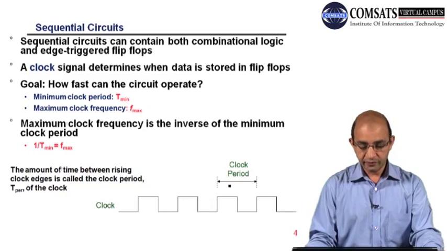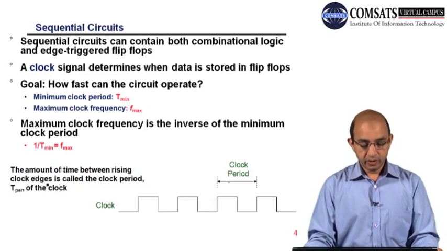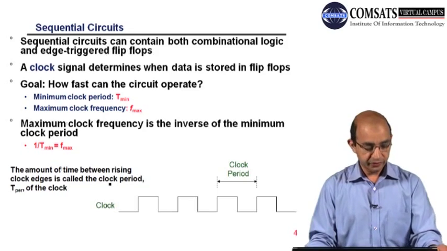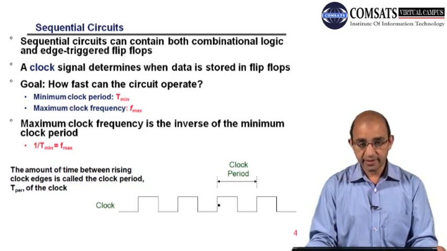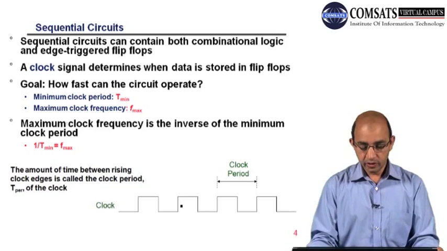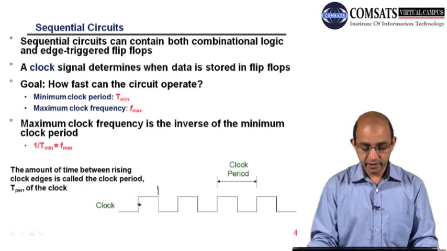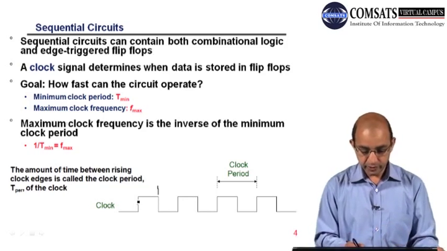You can see here we have defined the clock period as the time between two rising clock edges, as we have discussed before. This is the rising edge and this is the rising edge, so this is the clock period. On the other side, for the falling edge, let me use the pen. This is the rising edge and this is the falling edge.